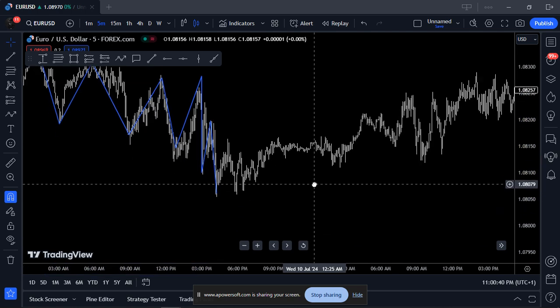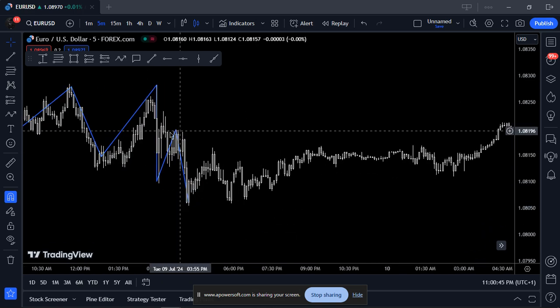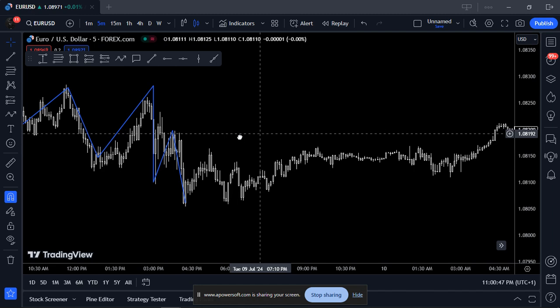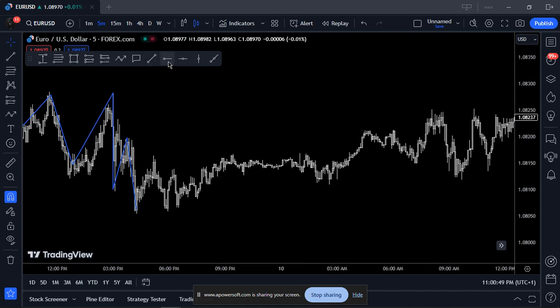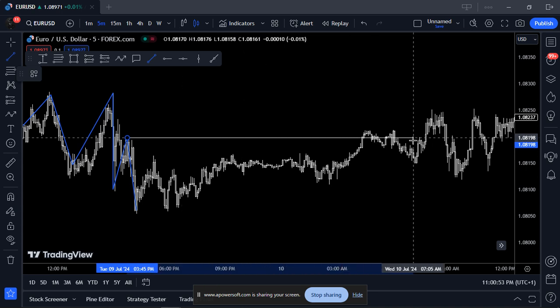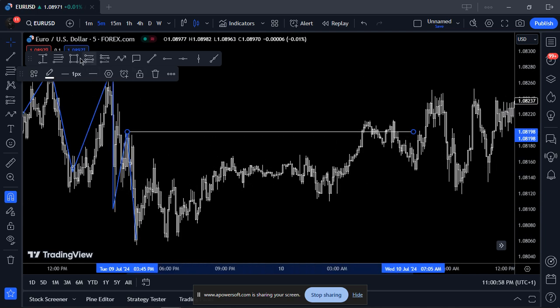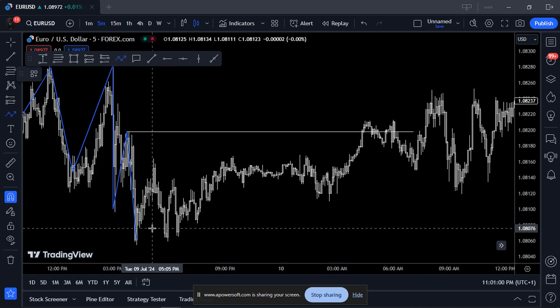Now you see, this right here is the last opposing liquidity. Let us draw it out. Right here is the last opposing liquidity. Now we see our first move. Our first move came all the way here.